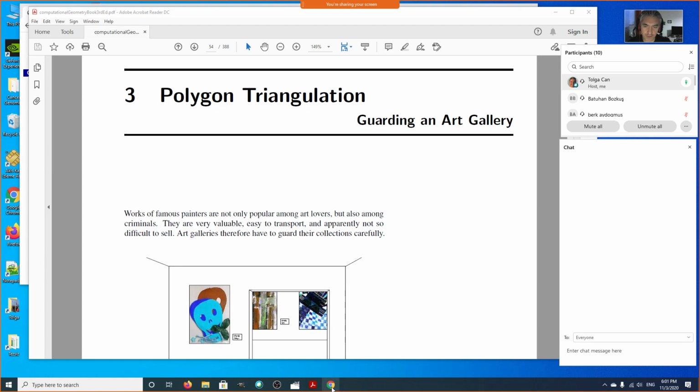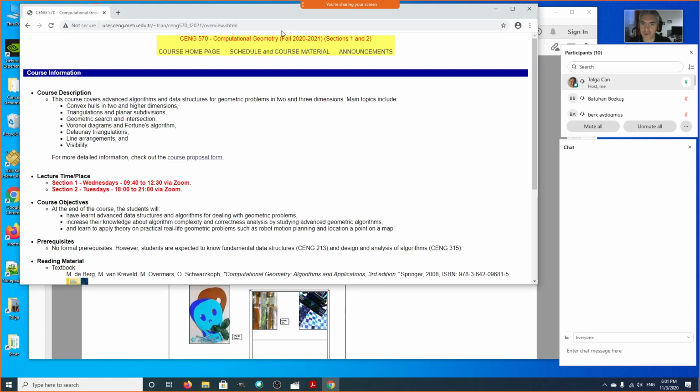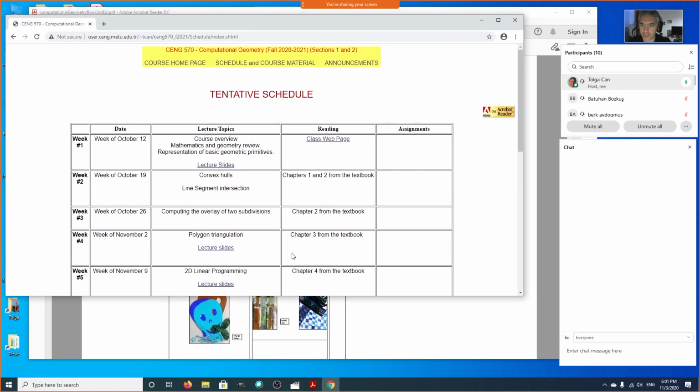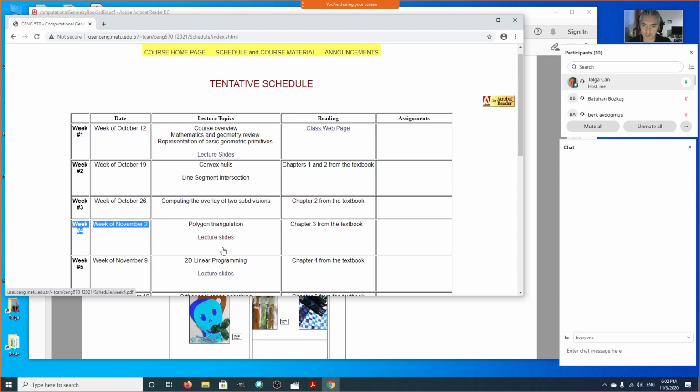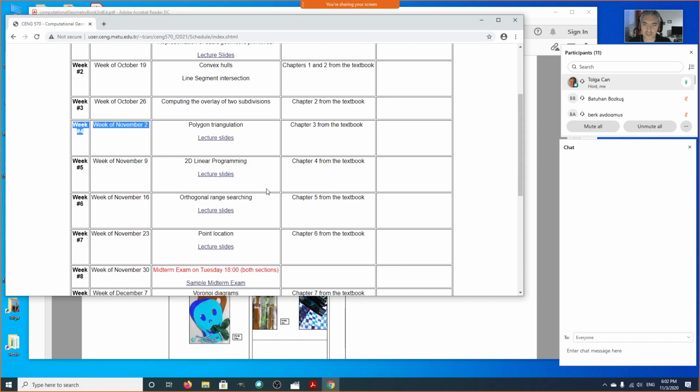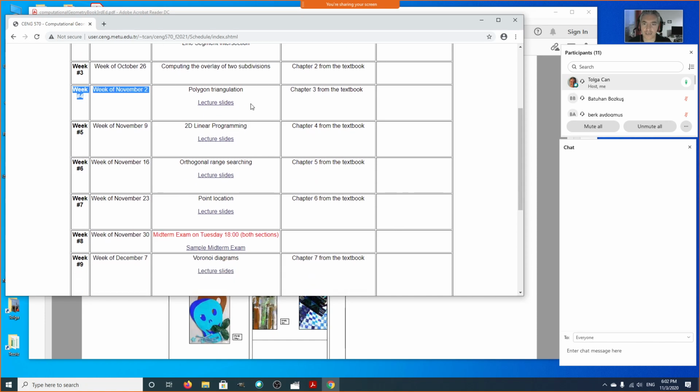And we also have a set of slides. So this is week 4, and we are right on schedule on the course web page. This is the week of November 2nd. We are exactly here, week 4, and we are talking about polygon triangulation, which is chapter 3 from the textbook. From this time forward, we have lecture slides that I got from Mirzayan's slides from his course.